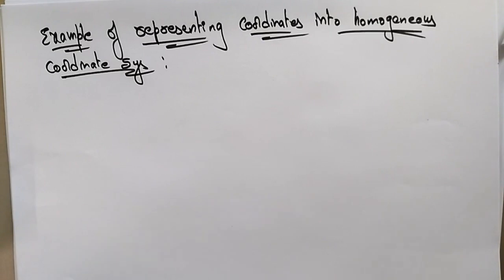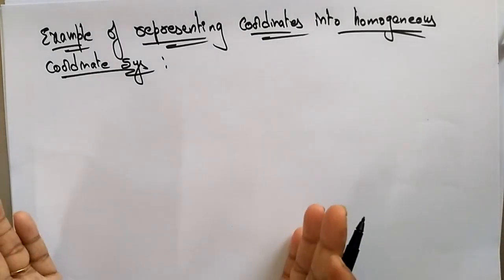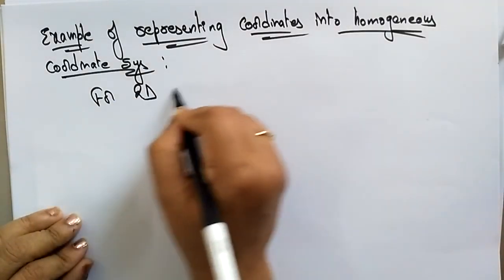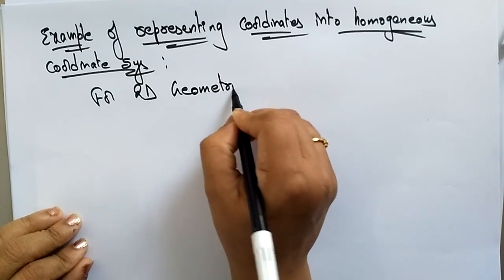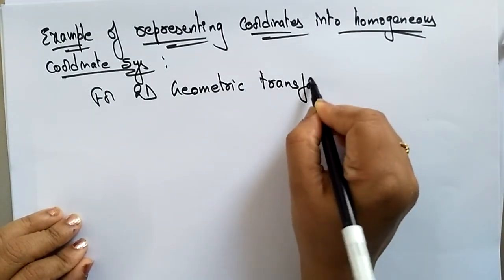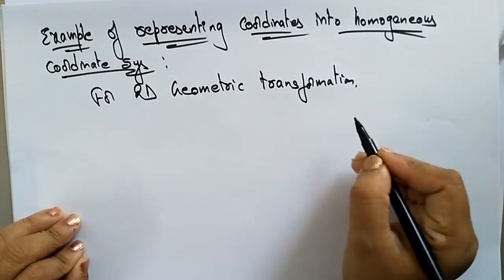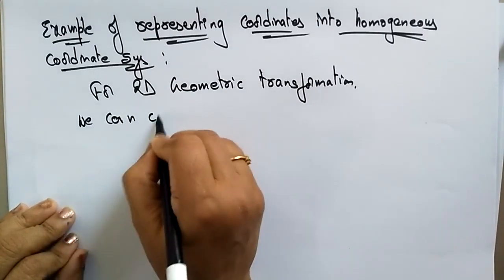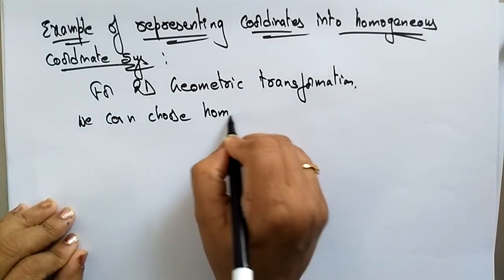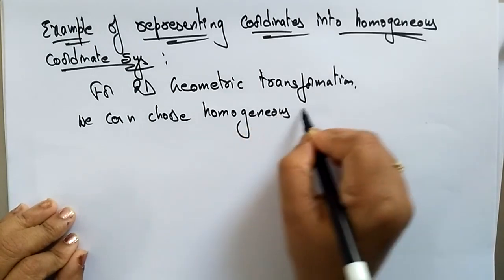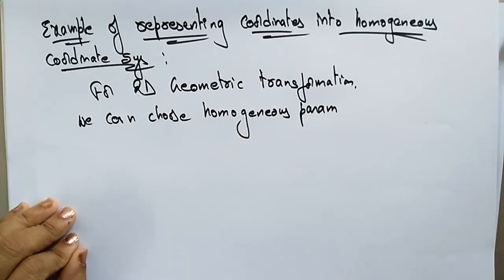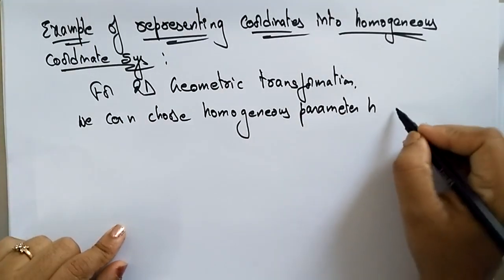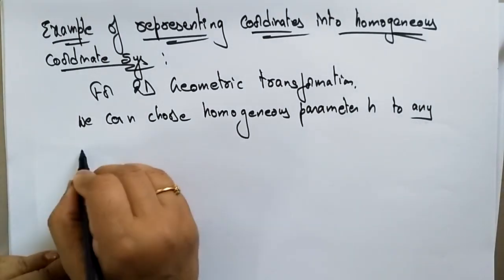For 2D geometric transformation, we can choose the homogeneous parameter h, the triplet value, to be any non-zero value.